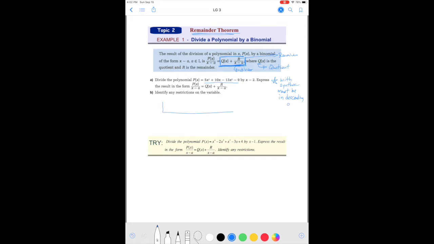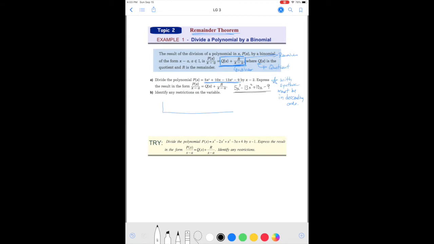So let's look at this. This is not in order, so I'm going to rewrite it as 5x cubed, then negative 13x squared, then positive 10x, then minus 9. So now I can actually do the question.